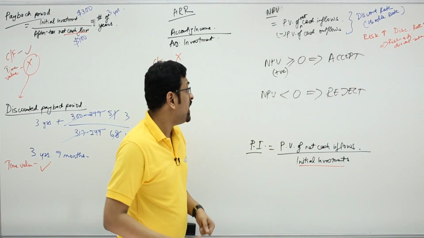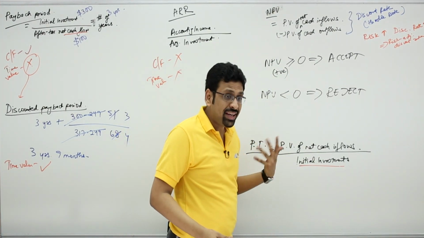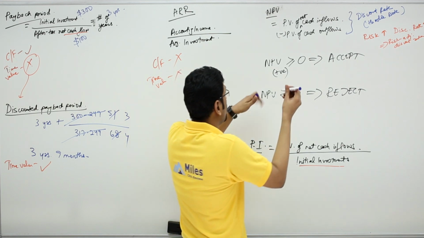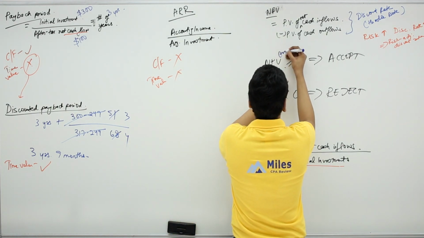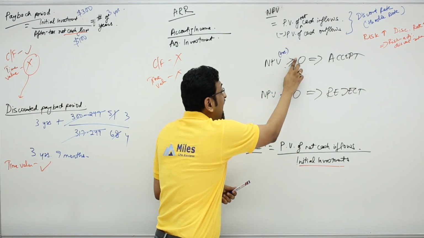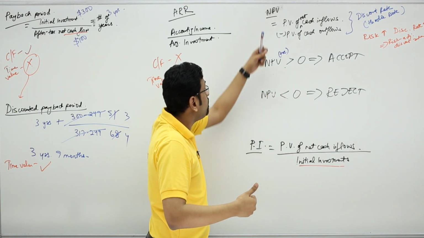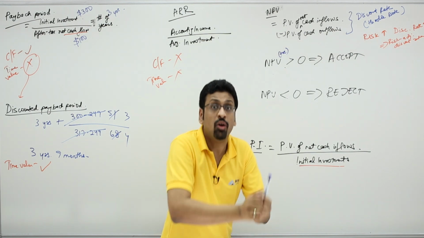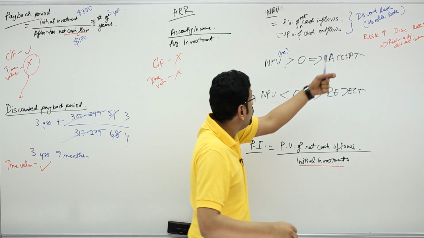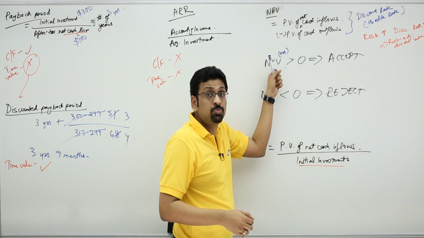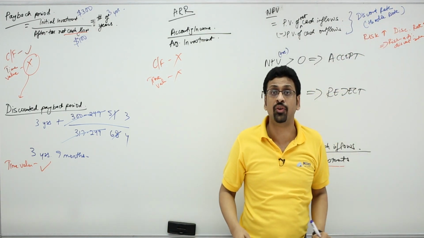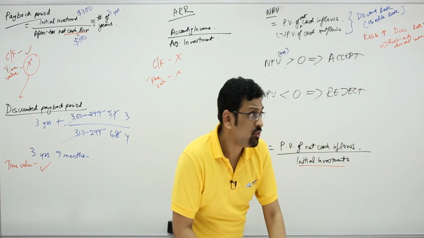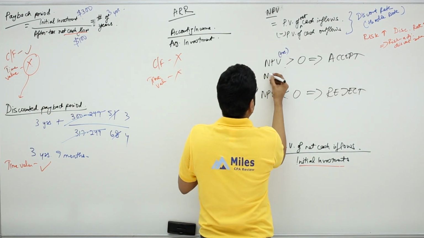So we've seen that when net present value is greater than zero, that means the net present value number is positive. We're going to accept the project because the present value of cash inflows is more than the present value of the cash outflows. We would say that the return from this project is more than the hurdle rate. What if net present value is equal to zero?